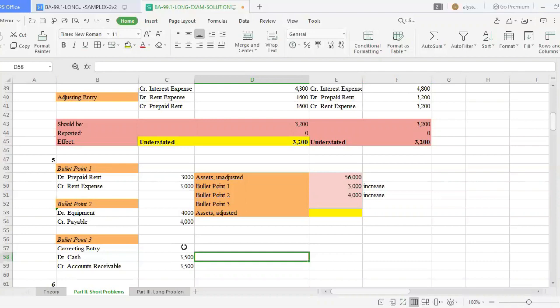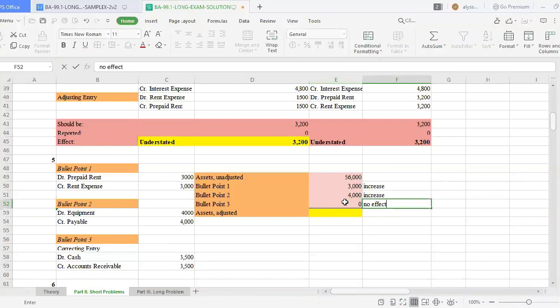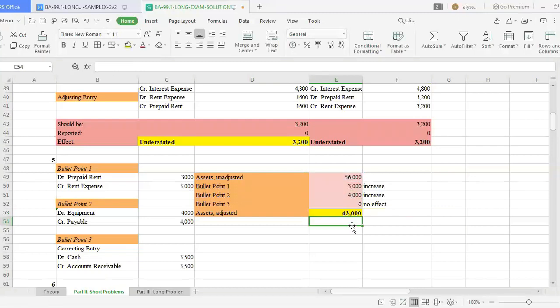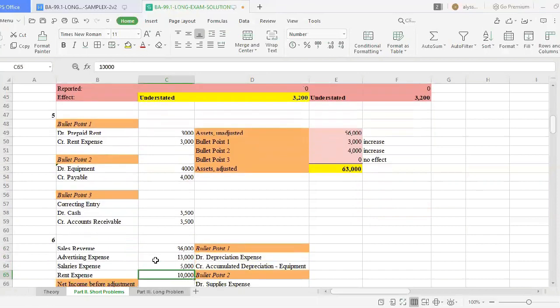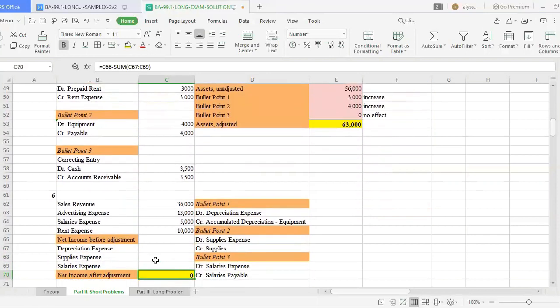However, when you decrease the accounts receivable, you also received cash, which is also an asset. So there is no net effect in the adjustment of the asset. So the total asset adjusted is the unadjusted plus the increase of 3,000 and another increase of 4,000. So that's 63,000.